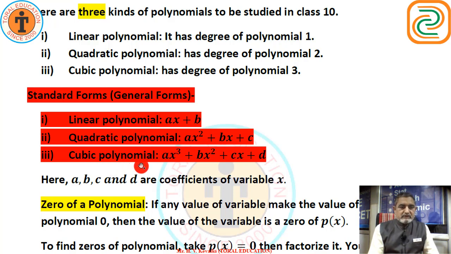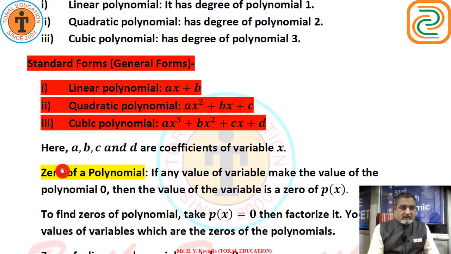The third one is the cubic polynomial, which has the general form ax cube plus bx square plus cx plus d, in which x has maximum power 3, that is, the degree is 3. This one is known as a cubic polynomial. Here a, b, c and d are coefficients of the variable x.